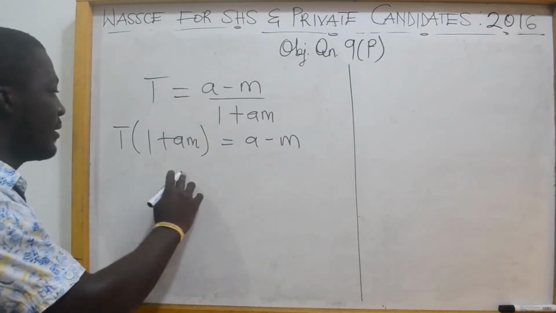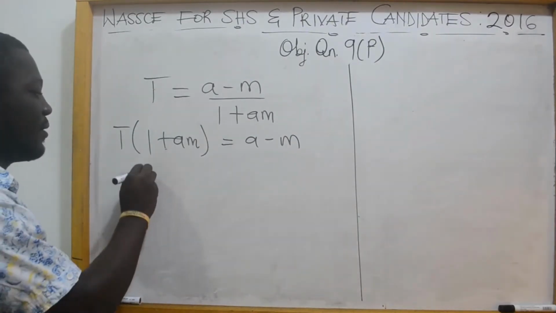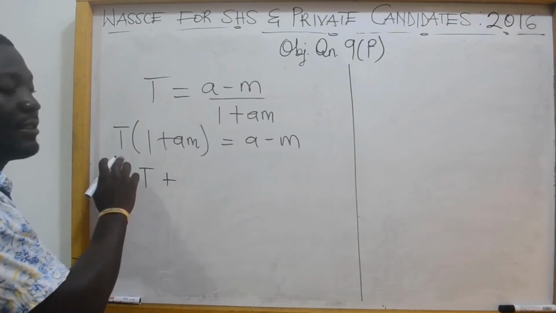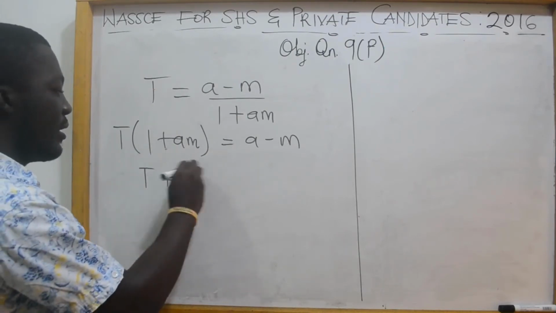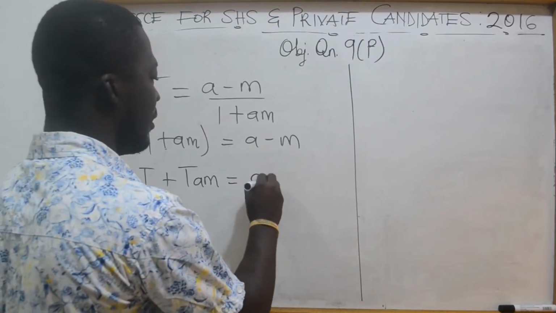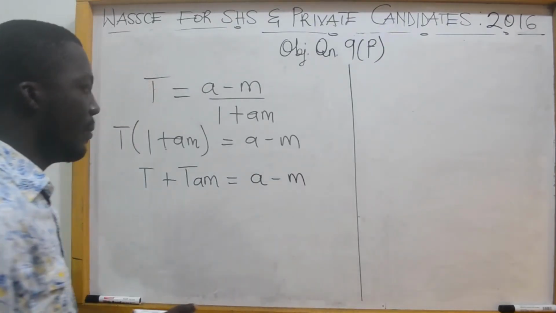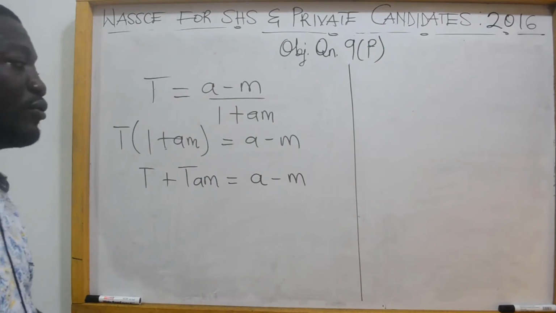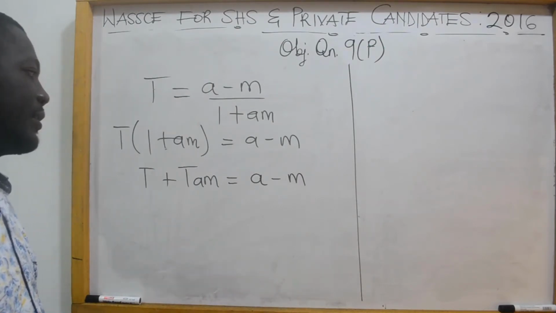Then we expand. T times 1 will be T plus T times AM will be TAM, which is equal to A minus M. In the question, we want to make A the subject.